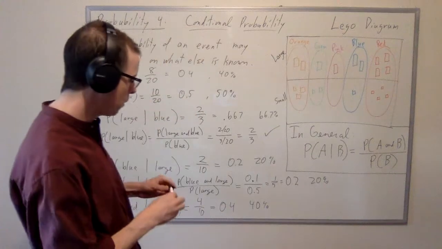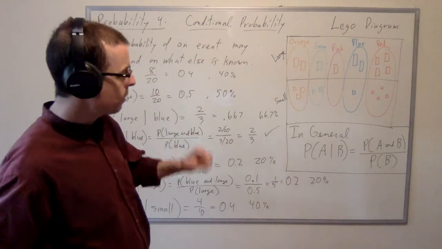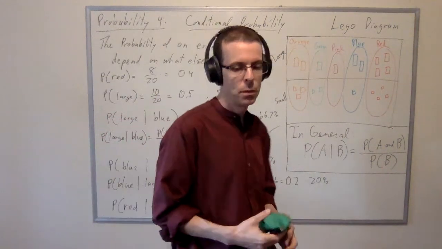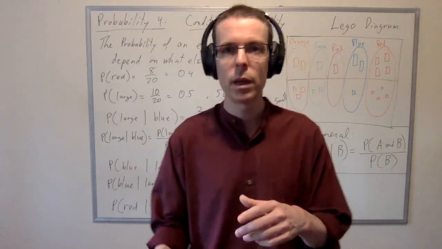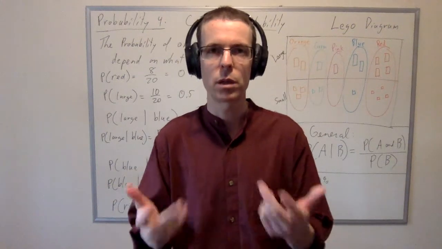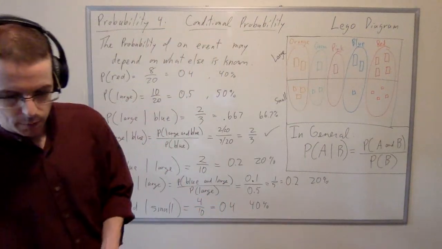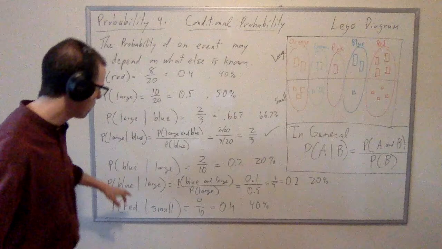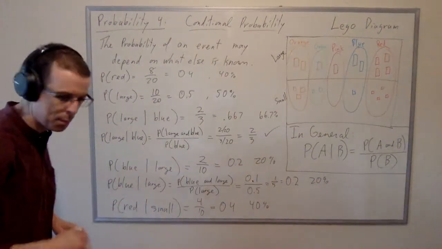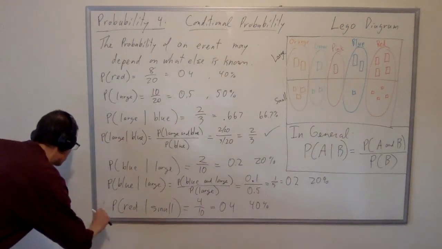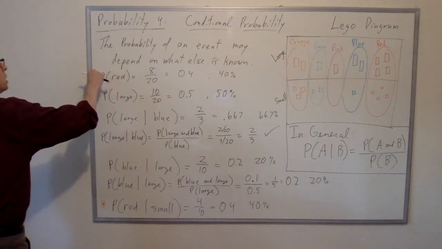Now, if events are independent, then the probability that both of them happen is the product of the 2 probabilities. So I want to remind you what happened among the reds here and here.